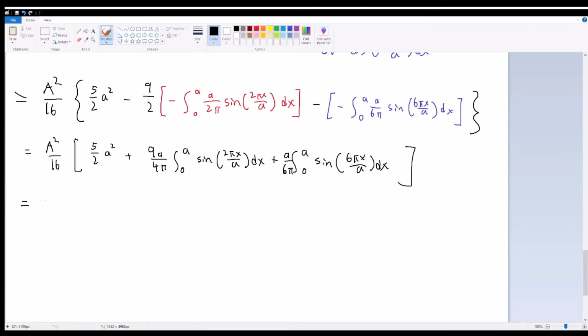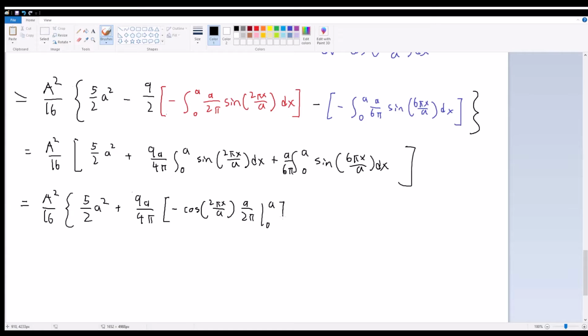This is going to give us a squared over 16 times 5 halves a squared plus 9a over 4 pi. And let's add a higher order of bracket once again, because we need it here. This is going to give us negative cosine 2 pi x over a times a over 2 pi evaluated from 0 to a.